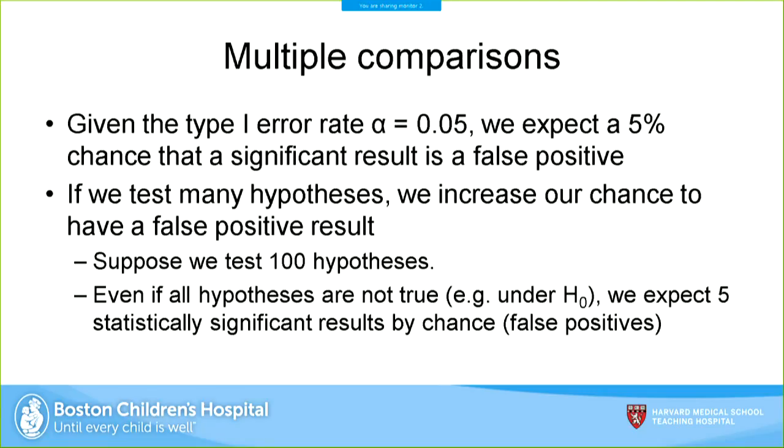Let's say, in an extreme case, you're testing 100 hypotheses. Even if, in nature, all these hypotheses are not true, so they're all under the null hypothesis, we're going to see 5 statistically significant results just by chance. These are going to be your false positives.